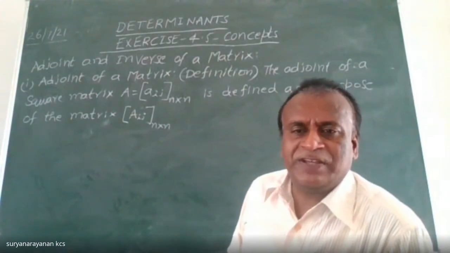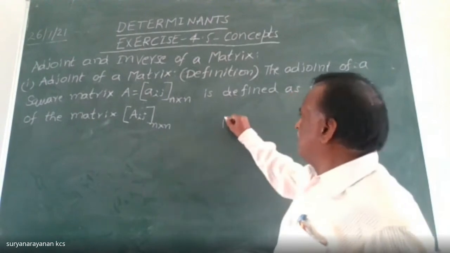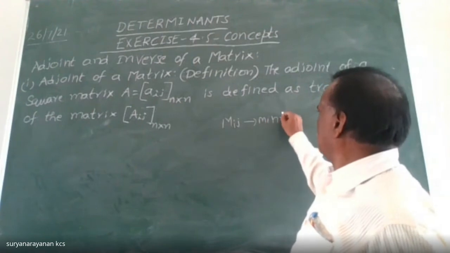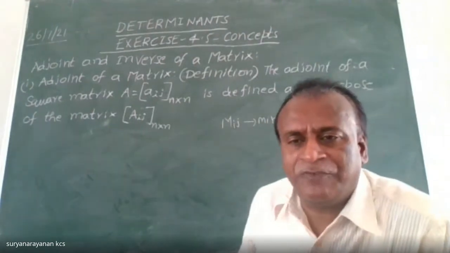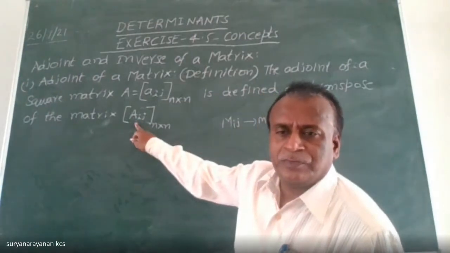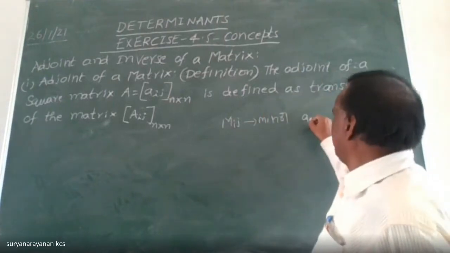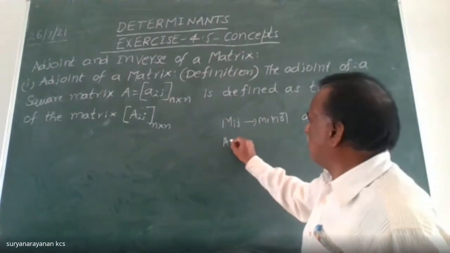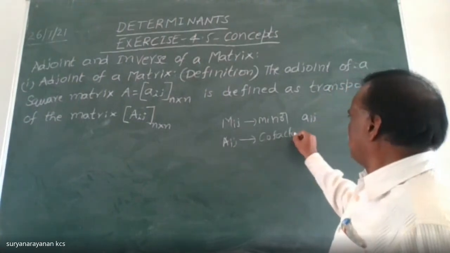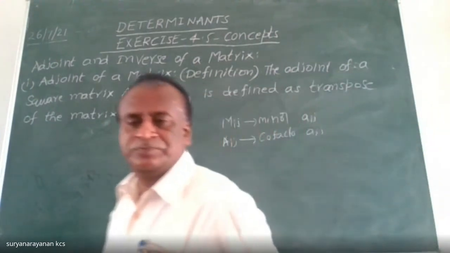Just in the previous exercise, we had discussed. Capital letter Mij denotes minor of an element. Capital letter Aij denotes cofactor, sir. Small letter aij is the element, minor of an element aij, whereas capital letter Aij denotes cofactor of the element aij.